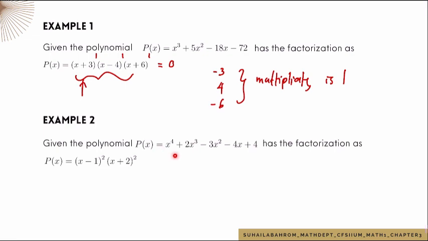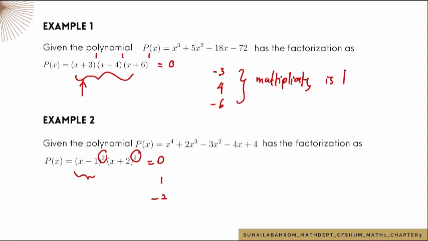Let's look at example 2. We have this polynomial function. When we factorize it, we will get x minus 1 power of 2, x plus 2 power of 2. So actually there are 4 zeros or 4 factors, but since the factor is repeated, we just put it as power of 2. Therefore, when we equate this polynomial to 0, we will get 2 zeros, which are 1 and negative 2.